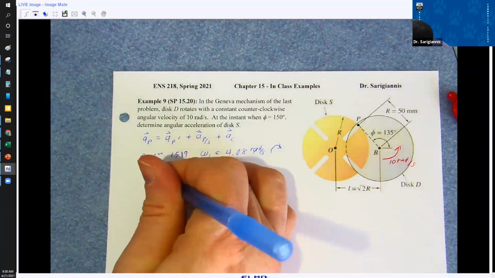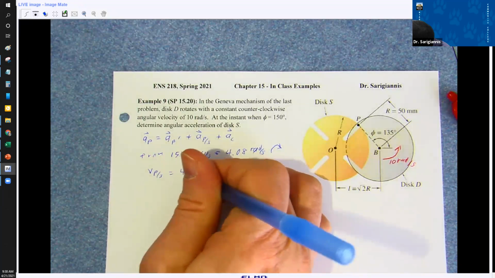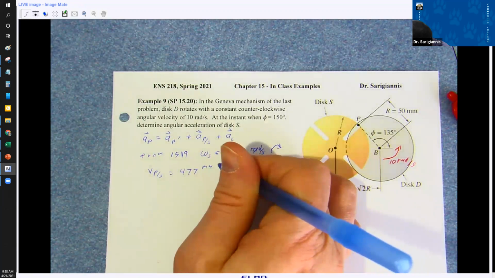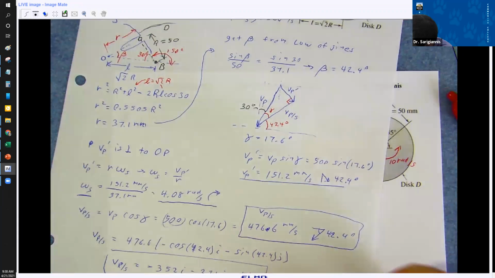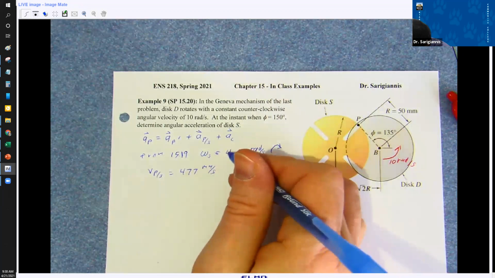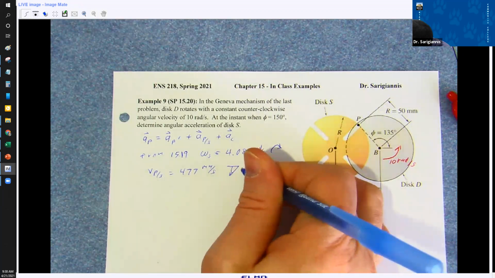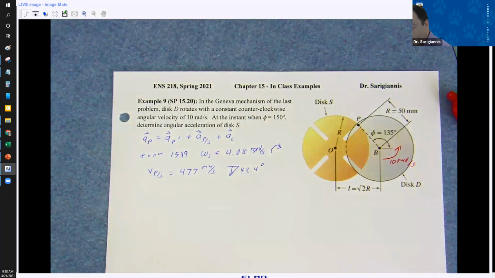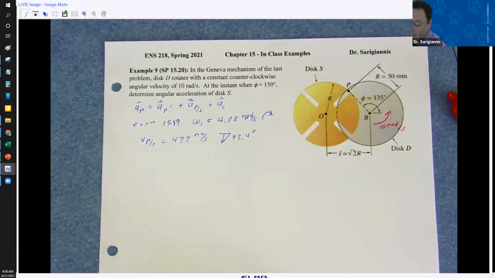And V of P with respect to S is equal to 477 millimeters per second. And I rounded from before. Before I had 476.6, but obviously I can't deal with decimal points, so I need to round here. And that was at 42.4 degrees from the horizontal, well, the negative horizontal.